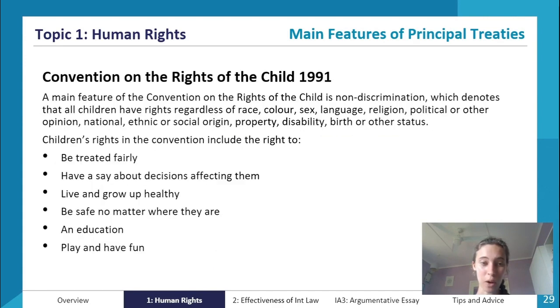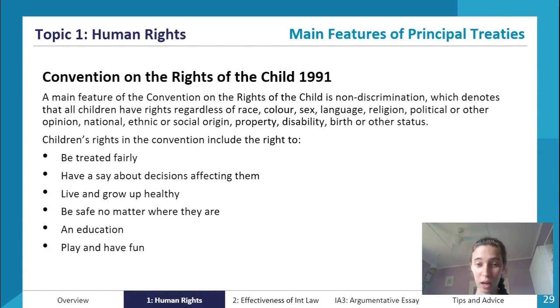We spoke about this one earlier, the Convention on the Rights of the Child. So a main feature is non-discrimination. So all children have rights regardless of race, color, sex, language, religion, political or other opinion, etc. So if we think back to the human rights definition earlier, it also listed those different aspects.